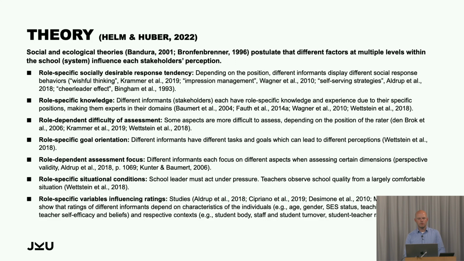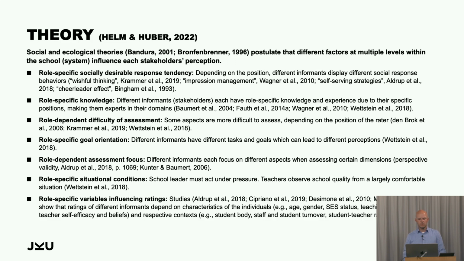Another reason is role-specific knowledge. Different informants each have role-specific knowledge and expertise due to their specific position in the system, making them experts in their domains. For instance, teachers, of course, have higher knowledge about teaching content and teaching material than their students do.